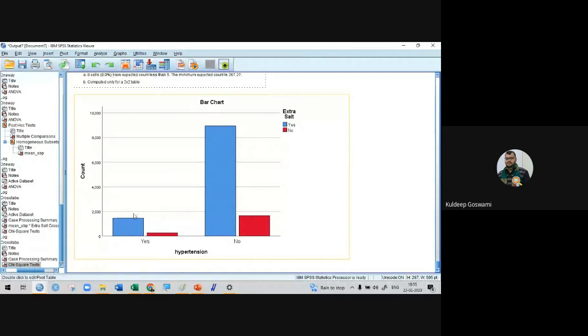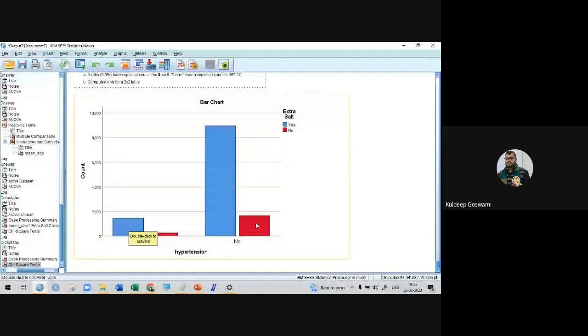Out of these hypertensive patients, blue are consuming extra salt, red are not consuming extra salt. In no hypertension, the blue bar shows consumption of extra salt, and the red bar shows no consumption of extra salt.